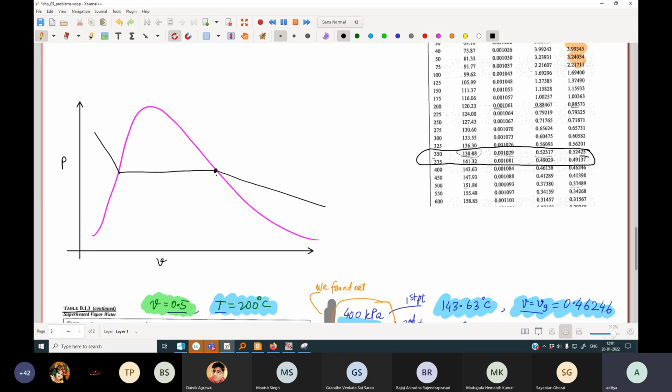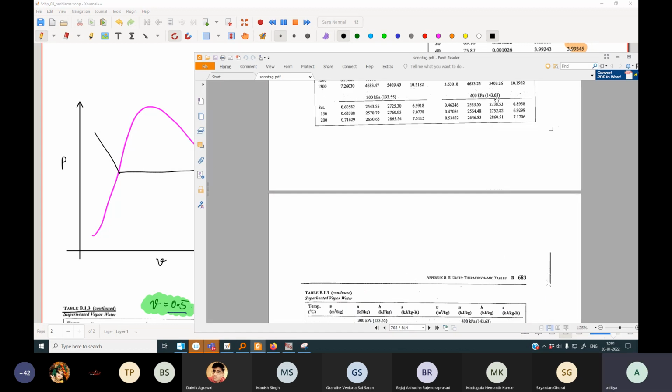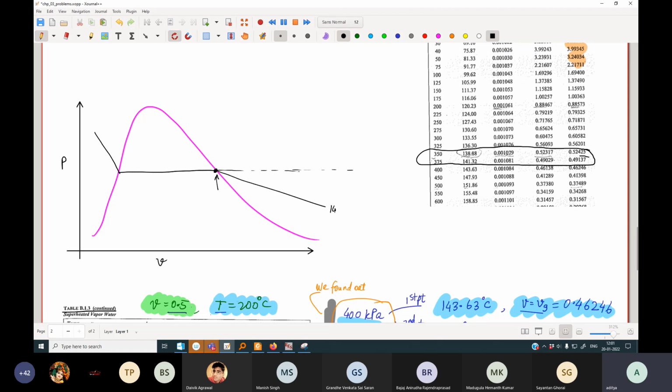After this particular point, all the entries along this vertical line are given. So for 400 kilopascal, if we go into the table, 143.63 degrees Celsius is the isotherm.